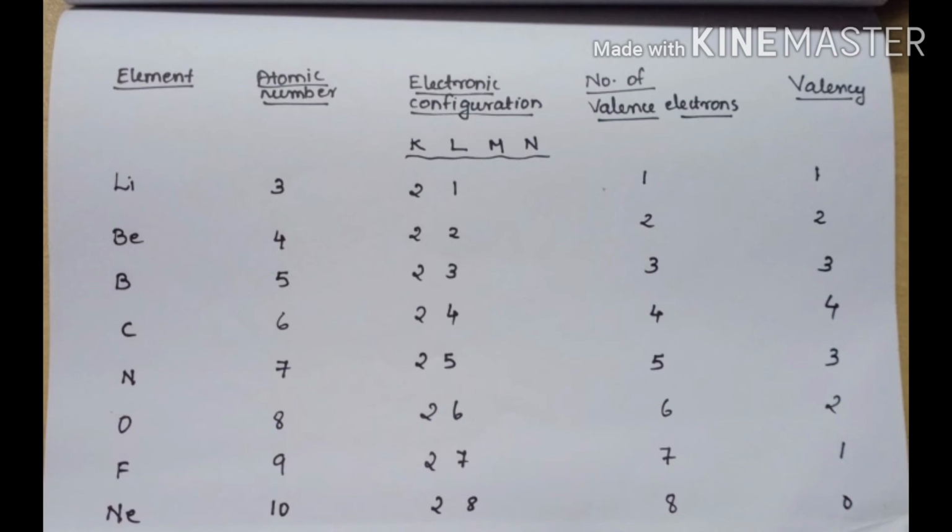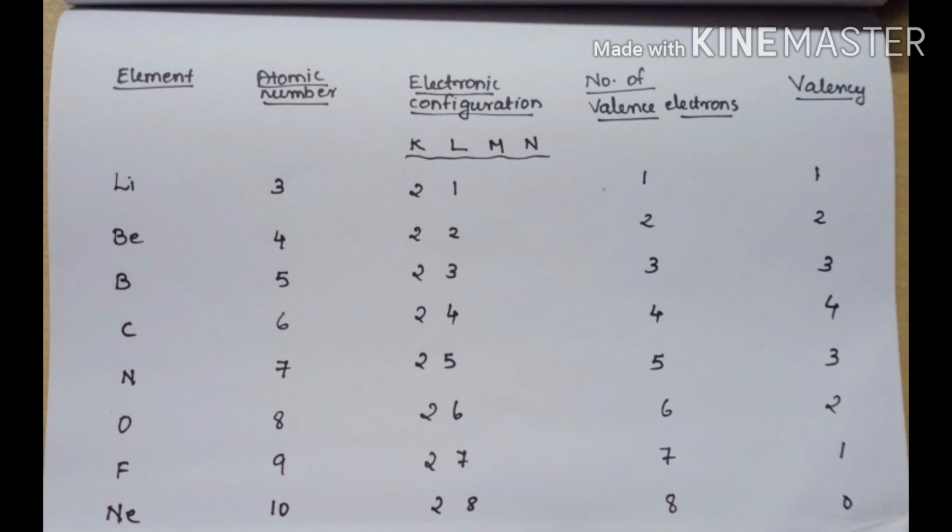That is, up to the valency 4, the elements have the tendency to lose electrons in order to attain octet, and after the valency 4, the elements have a tendency to gain electrons in order to attain octet. And when the valency is 4, the elements have a tendency to share electrons in order to form a bond. That is the situation of covalent bond formation.